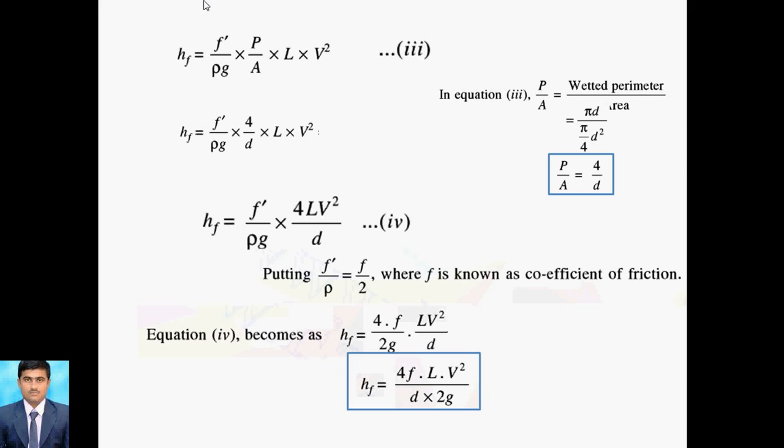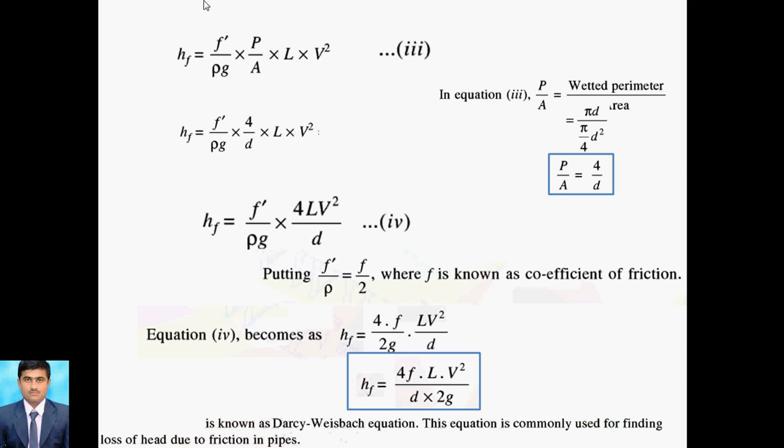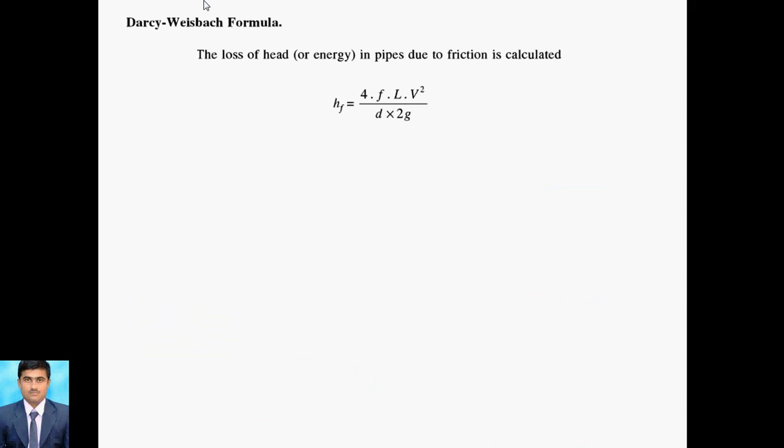That means this is the Darcy-Weisbach formula. This equation is commonly used for measuring the loss of head due to friction in pipes. So this is the formula for Darcy-Weisbach, that is head loss due to friction, 4 F L V square by 2 g d.